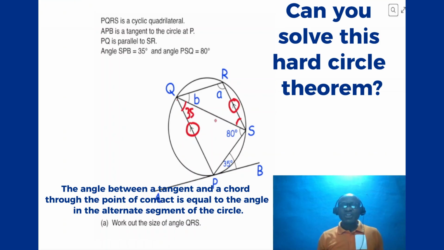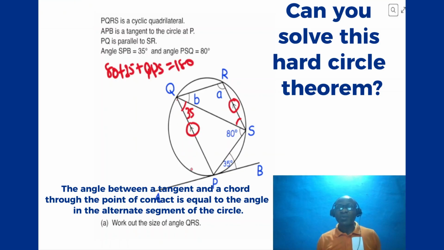Yes, sir. Because of that, you can now say 80 plus 35 plus angle what? QPS. QPS is equal to 180. My reason is the angles in a triangle. Therefore, QPS is equal to 180 subtract 35 plus 80, which will give me 115.